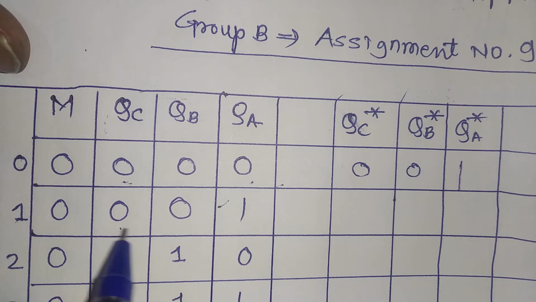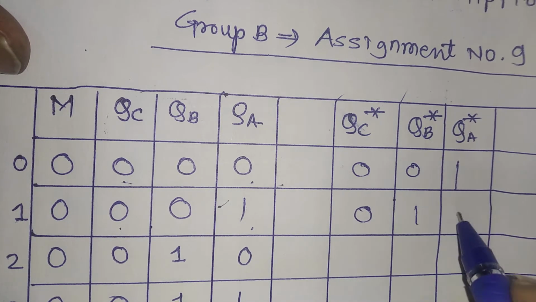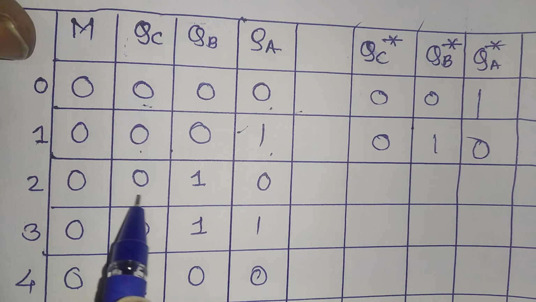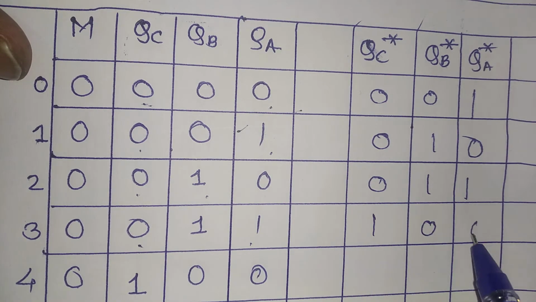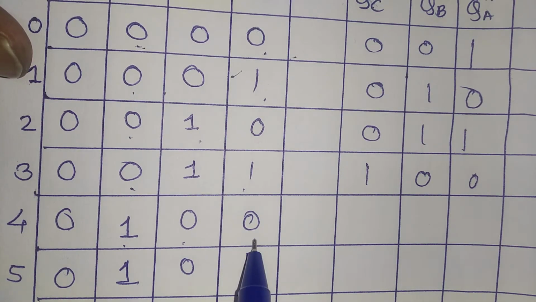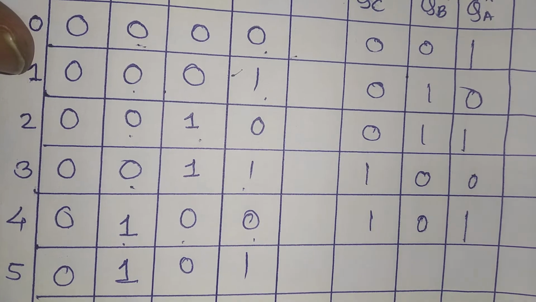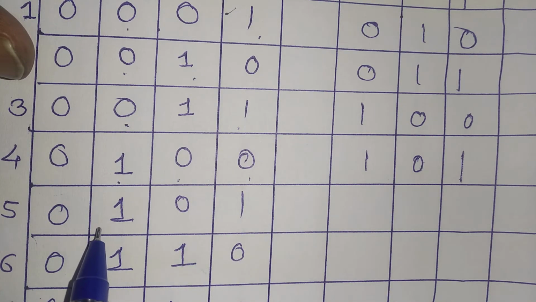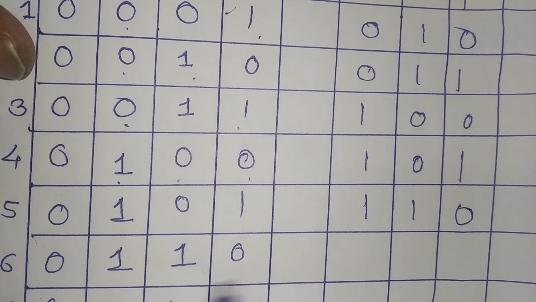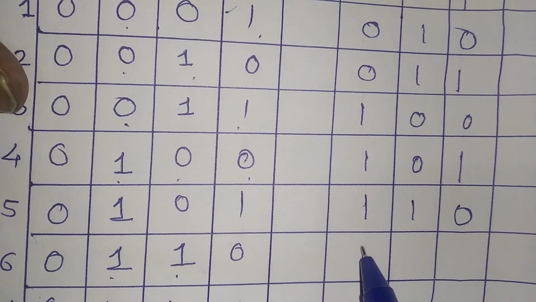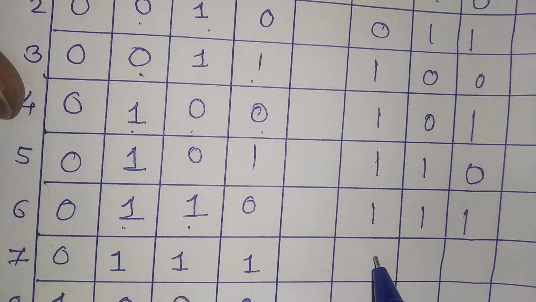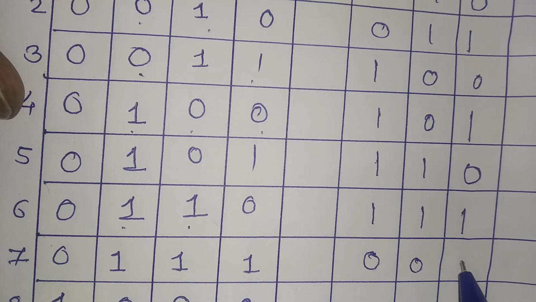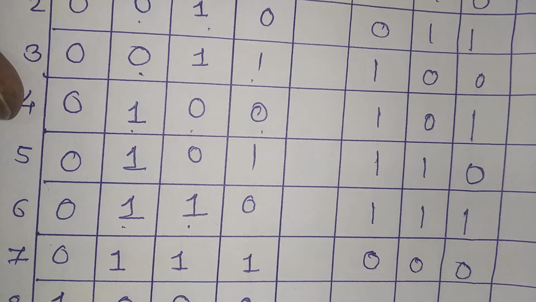If there is state 0 0 1, next state is 0 1 0, then next state of 2 is 3, that is 0 1 1, next state of 3 is 4, that is 1 0 0, next state of 4 is 5, that is 1 0 1, and next state of 5 is 6, 1 1 0, and next state of 6 is 7, that is 1 1 1, and next state of 7 is 0 0 0. So, this is about the up counter.